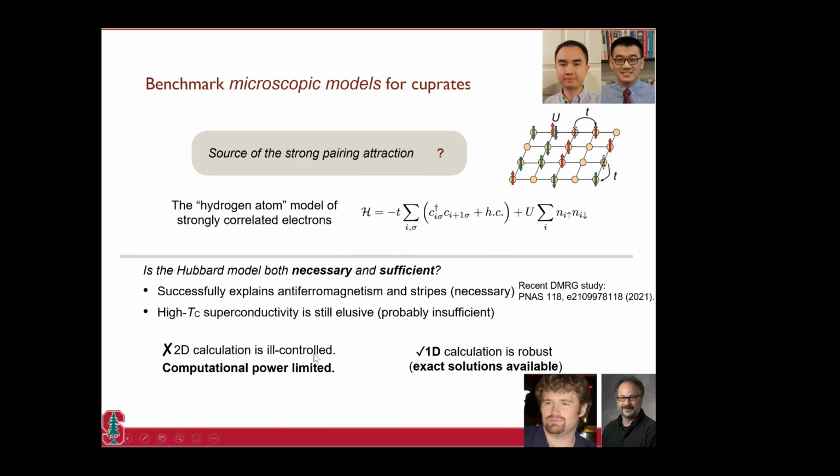As a result, when you have a disagreement between experiment and theory, you cannot say whether it's the model problem or the calculation of the model problem. And in 1D, I think there's more consensus that the solution is known. So that's what we had hoped to do.